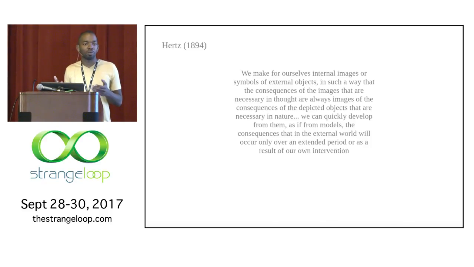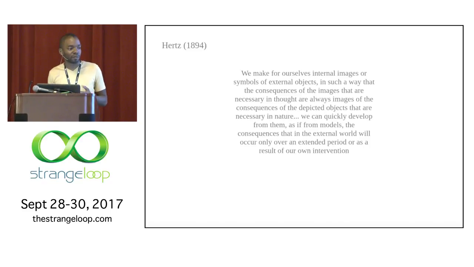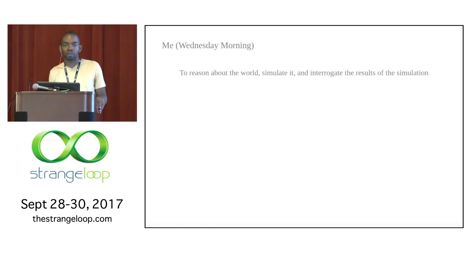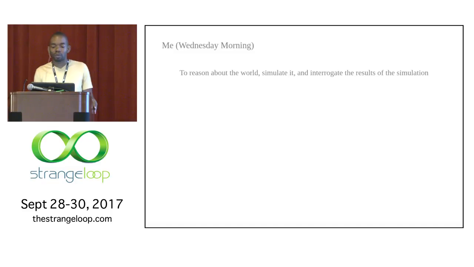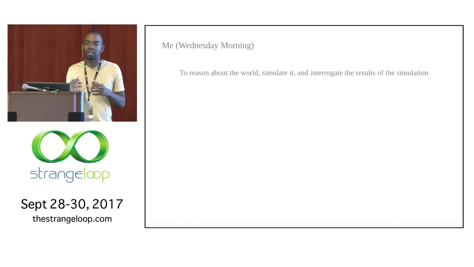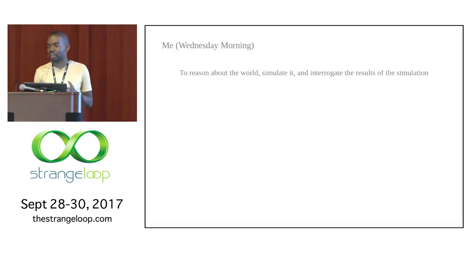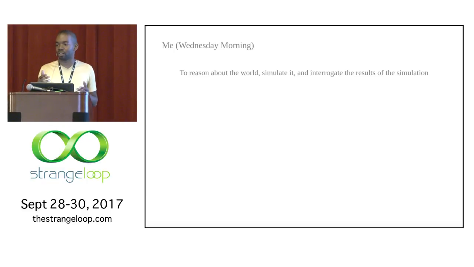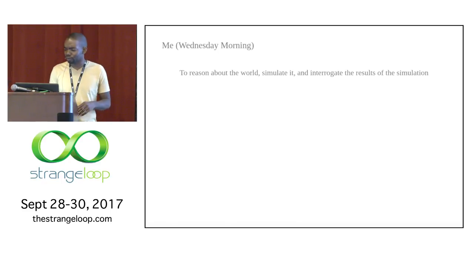And so this is something that you probably all feel like you do, but it's still a remarkable capacity that we have. And so my version, much more recently stated, is to reason about the world, simulate it, and interrogate the results of your simulation. And one of the reasons that I can state this more succinctly is that I'm relying on the fact that everyone here has some idea about simulation, because we've had 40 years of computer simulation, right, which wasn't true 70 years ago, and certainly not 120 years ago.